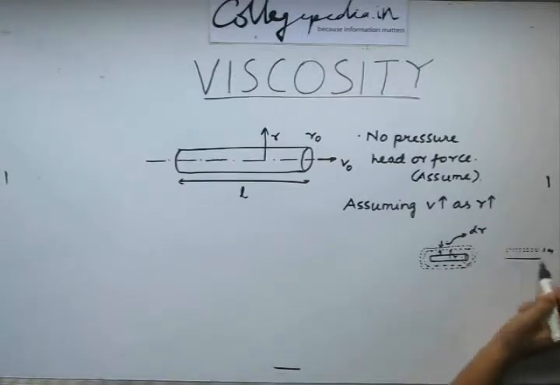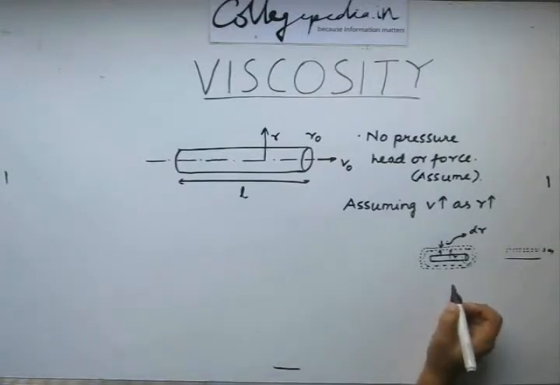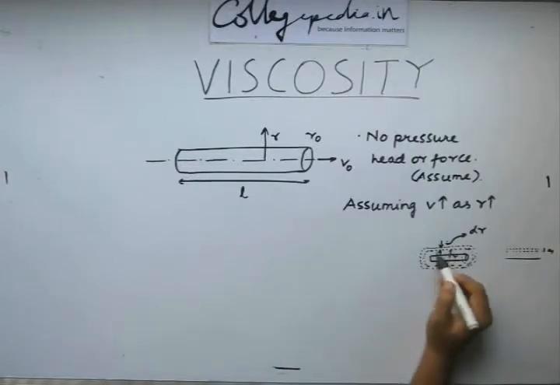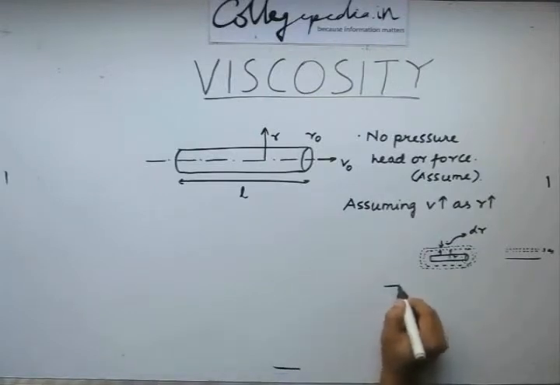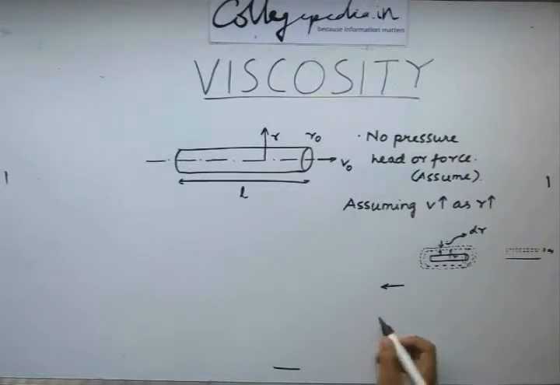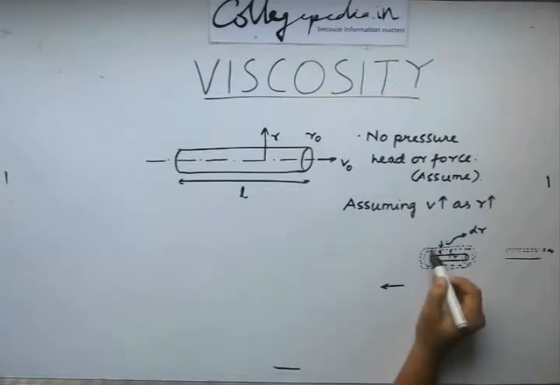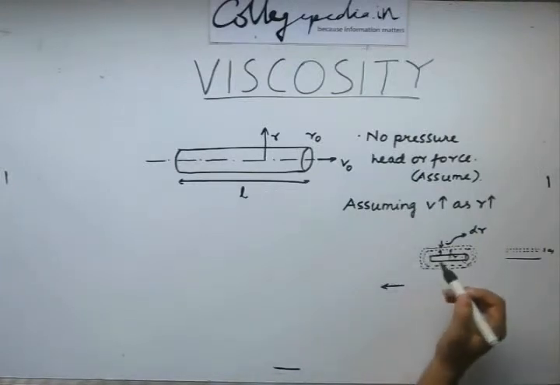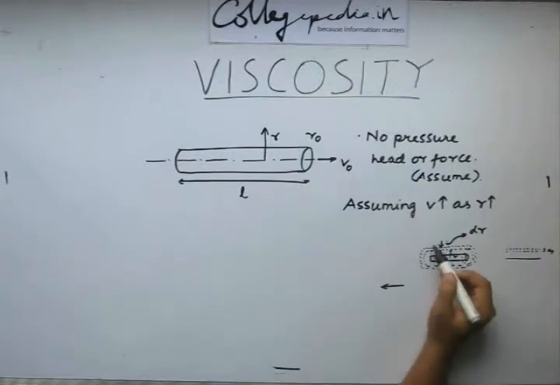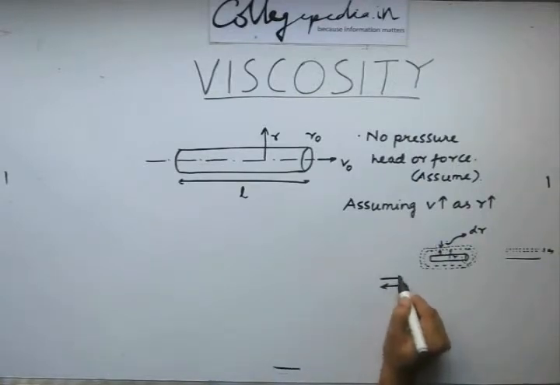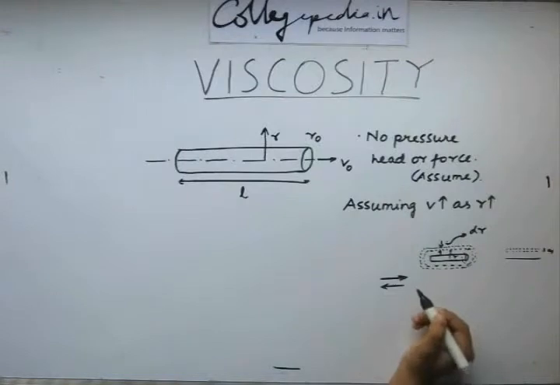Same thing is going to happen as in the case of a flat plate. Because of the existence of the lower fluid layer, we will have a viscous force in this direction. And because of the existence of another fluid layer on top of it, the viscous force becoming the internal force, we will have a force in this direction.